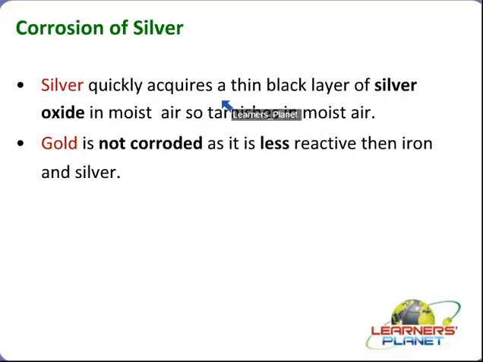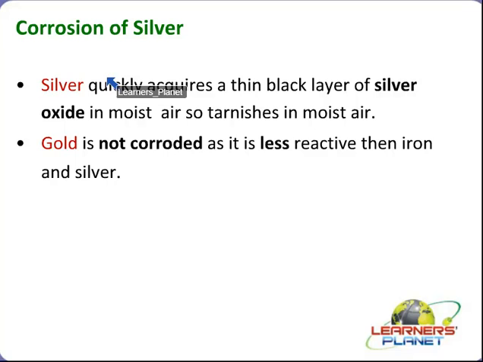This silver oxide is formed, and every time you remove it, your metal will get thinner and thinner. So this is tarnishing of silver. So students, these are active metals, active elements like iron, silver, copper, and of course aluminium. Big aluminium drums or containers are there in your homes.